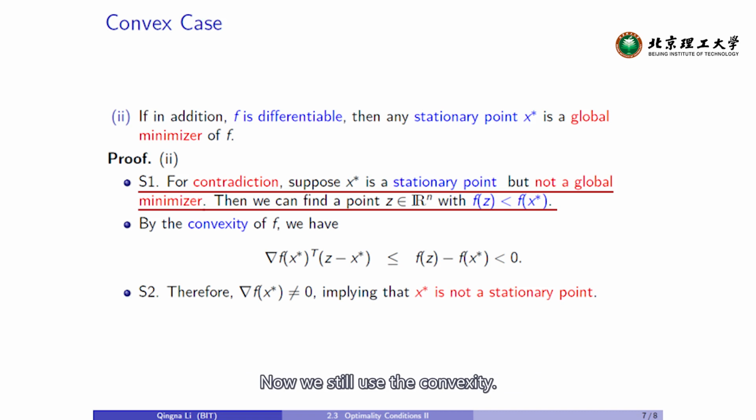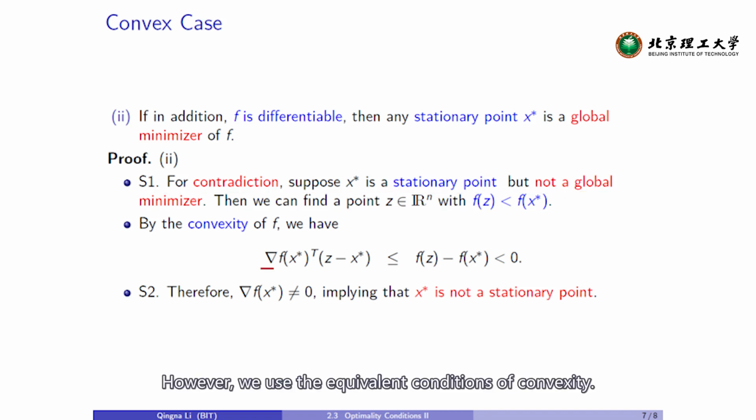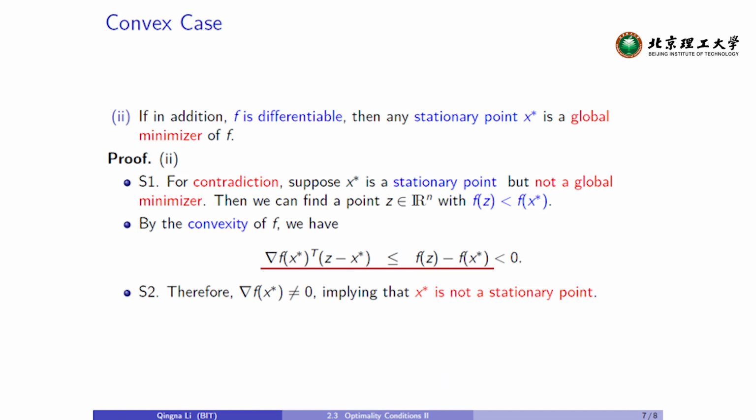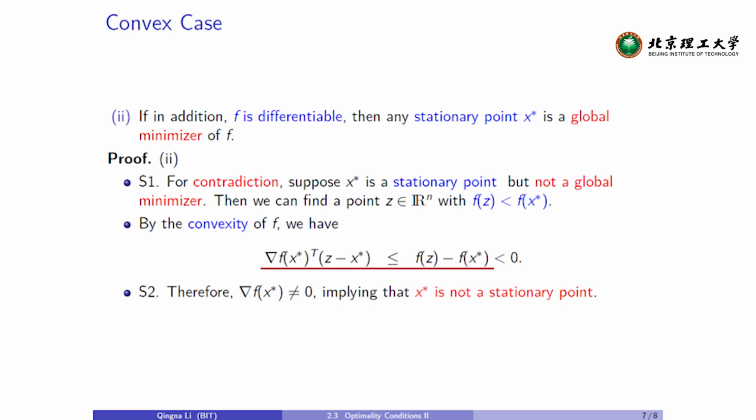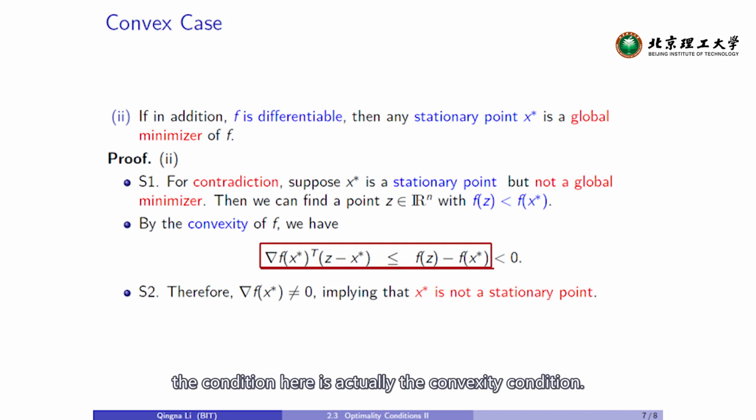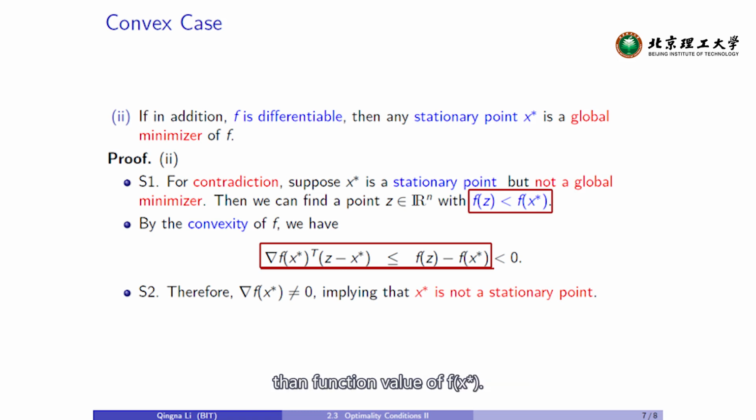Now, we still use the convexity. However, we use the equivalent condition of convexity, that is, the first order condition. In this way, we have that the function value of f at z is smaller than the function value of f at x star. However, by convexity, we actually know that the inner product term must be smaller than 0.